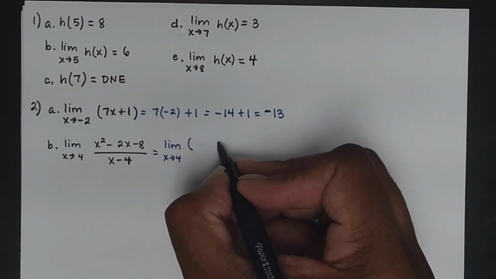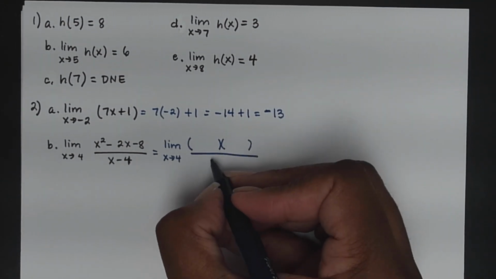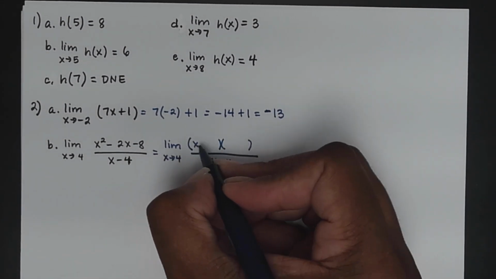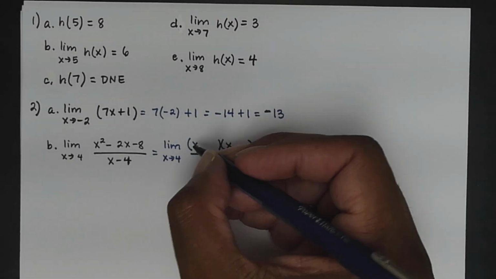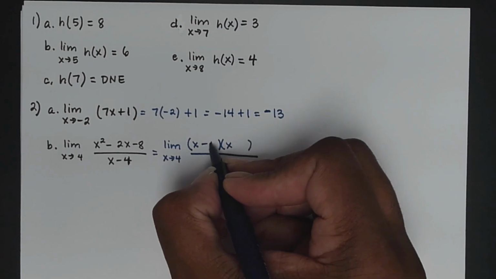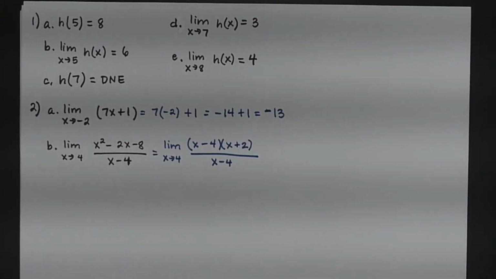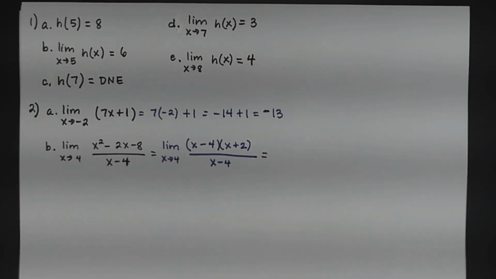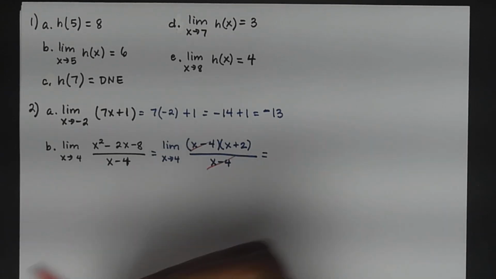So I'm going to bring over the limit as x approaches 4. If I factor x squared minus 2x minus 8 into two binomials, that x squared breaks up as x times x, and factors of negative 8 that would give me negative 2x as a middle term would have to be a minus 4 and a plus 2. Now, as you can see, I can divide out x minus 4.